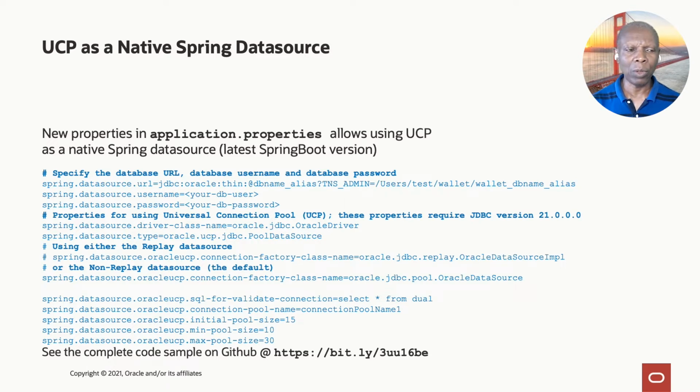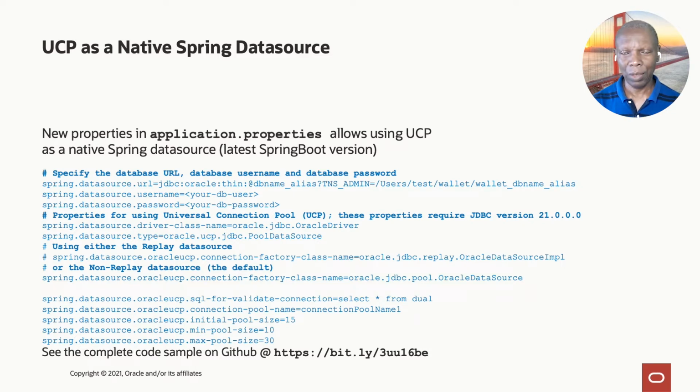In that file, you need to specify the database URL, the username and password, and then you need to specify UCP properties. For example, spring.datasource.driver-class-name equals oracle.jdbc.OracleDriver, right? You need to specify those things. And depending on whether you want to use our feature called Application Continuity, which makes database failure transparent for your application, your Java code, you might want to use the replay data source, right?